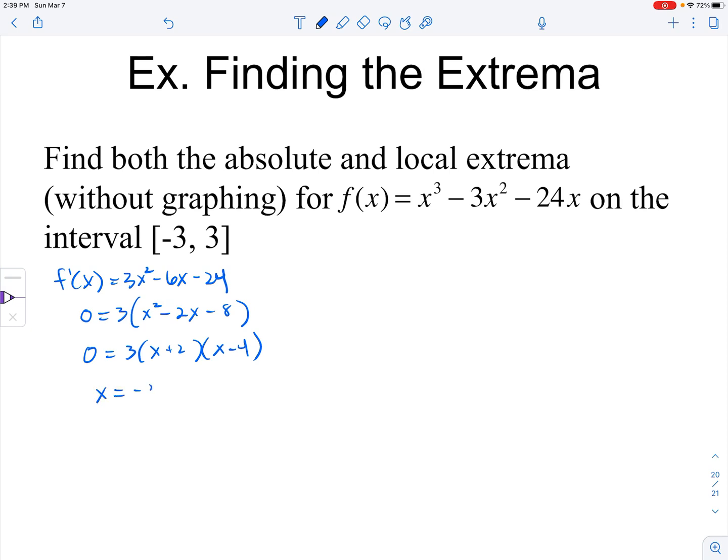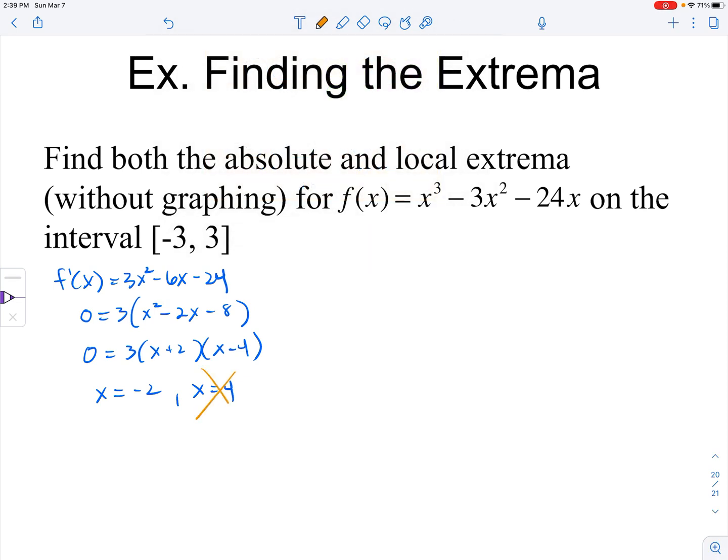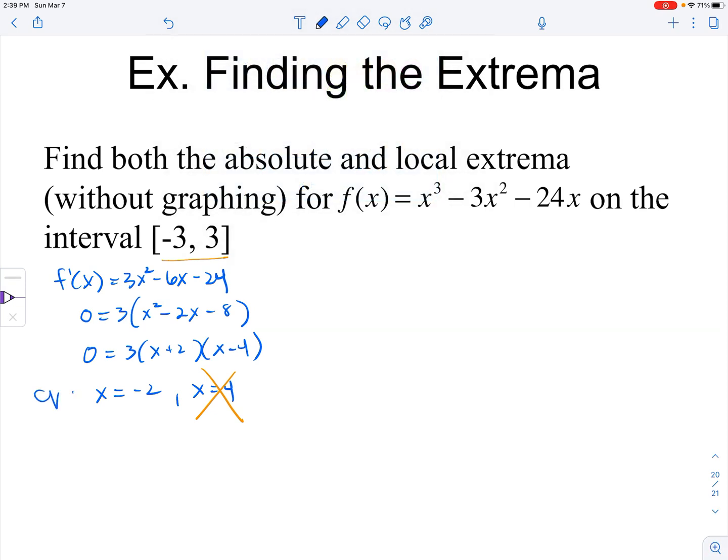So potential critical values are at x equals negative 2 and x equals positive 4. Positive 4 doesn't work here. Positive 4 is not a critical value because it's not on the interval from negative 3 to 3. So we throw the positive 4 out. However, negative 2 is a critical value. It lies on that interval.